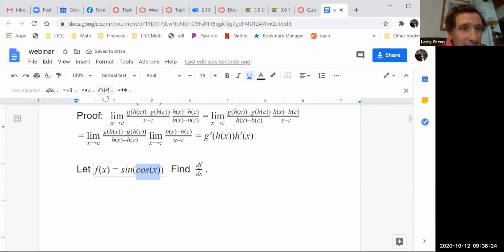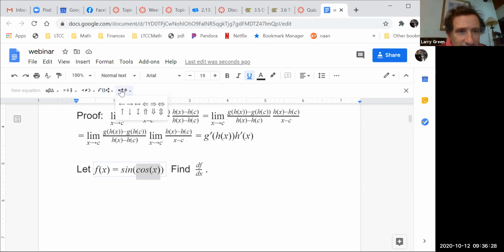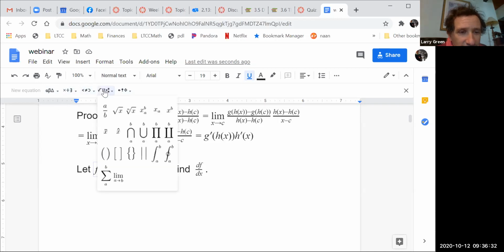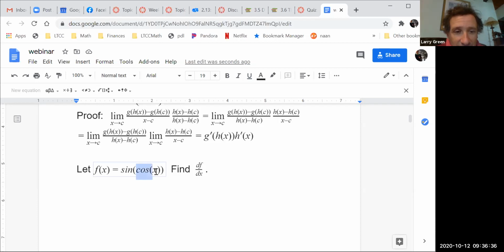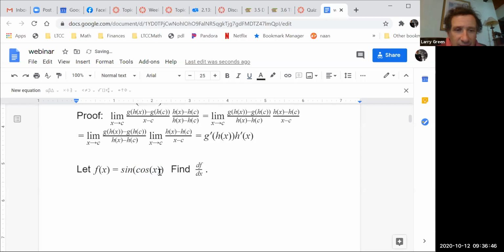It may not let me. Okay, can't underline, but I can highlight. Make it red.